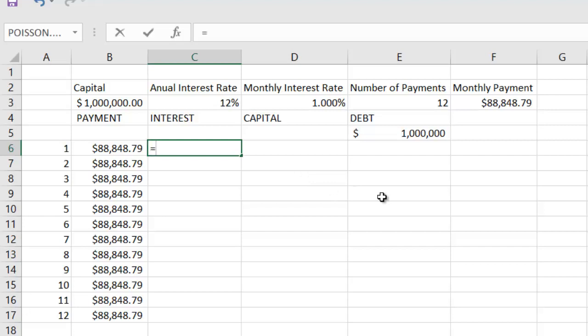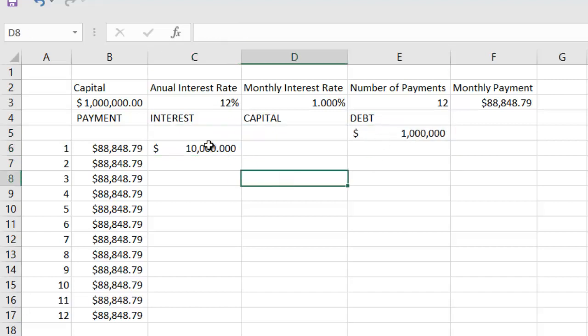So in this case, we're going to say that it is whatever I owe from last month times the monthly interest rate. Now the monthly interest rate is going to be an absolute value. Okay, so from this amount of money, I need to pay 10,000 pesos.